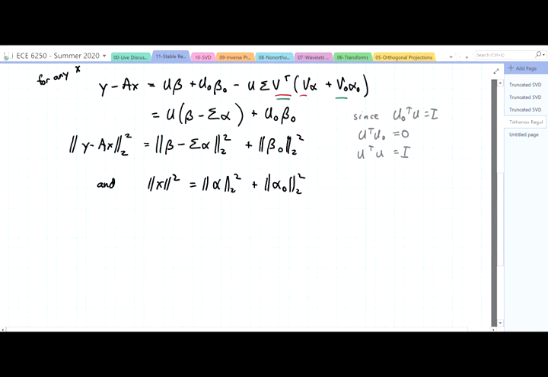So we now have the norm of y minus Ax squared plus delta times the norm of alpha squared. Remember, this is the term that we're minimizing.